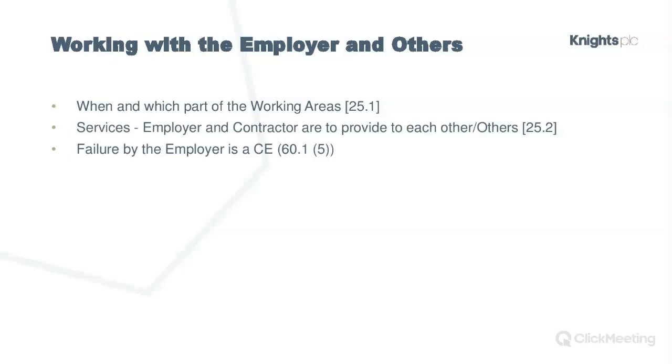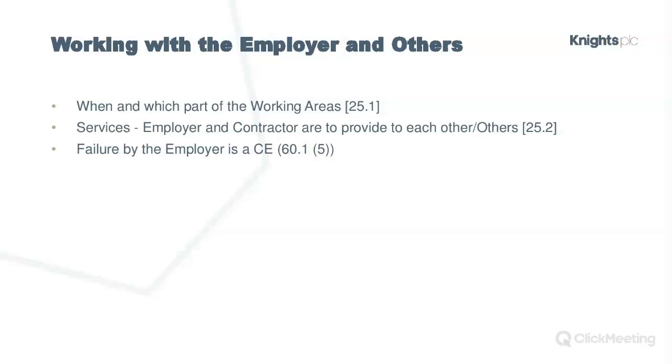So the employer is supposed, in the works information, to set out how the parties will work together, times and dates. Other parties and the employer will require access to the working areas and to the site to carry out their work, so that everything's well coordinated.